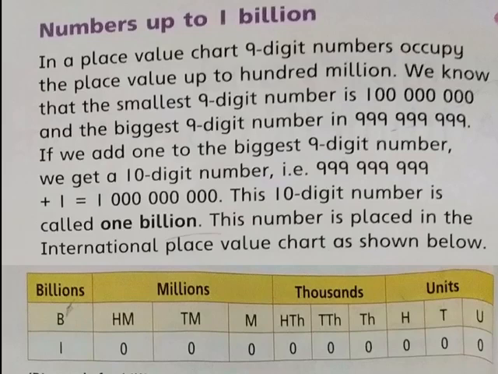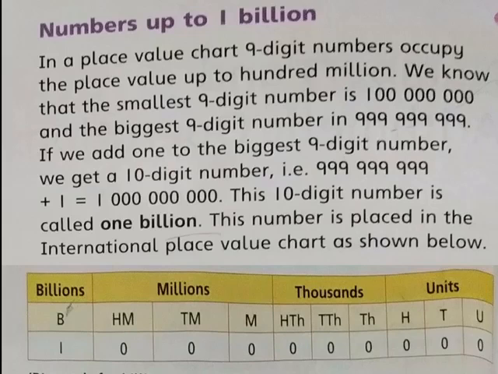Now we will count unit, tens, hundred, thousand, 10,000, 100,000, million, 10 million, 100 million and billion. So in the billion block there is a 10-digit number. And students, B stands for billion. Understand?